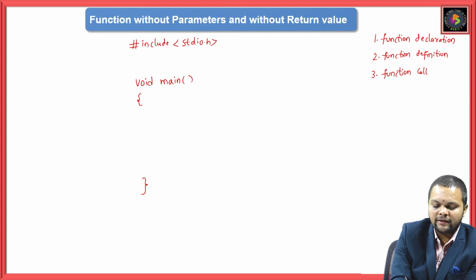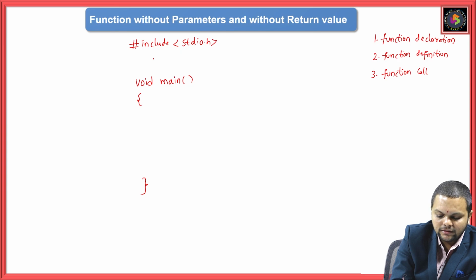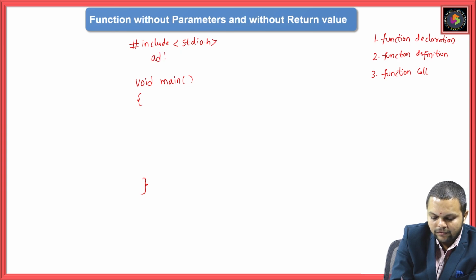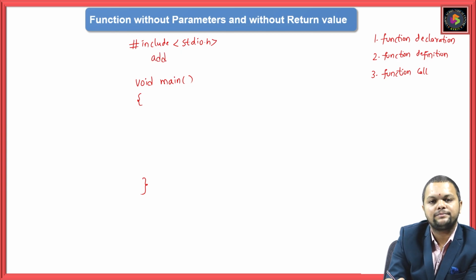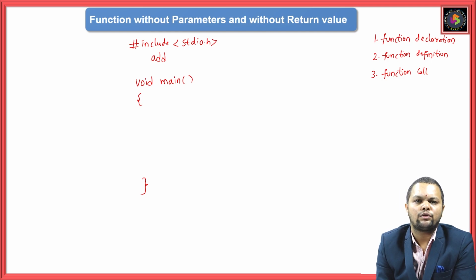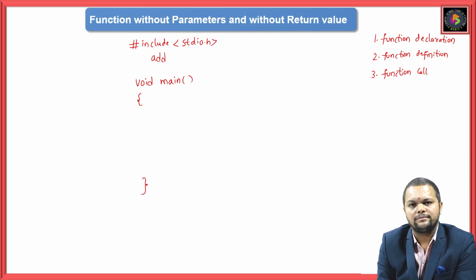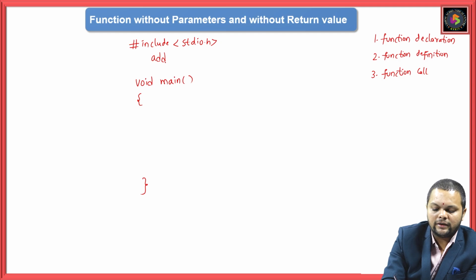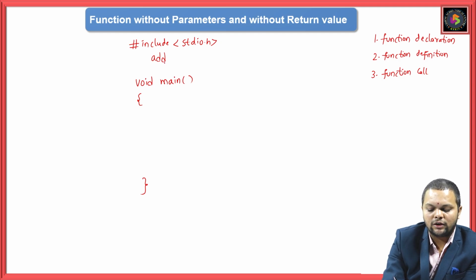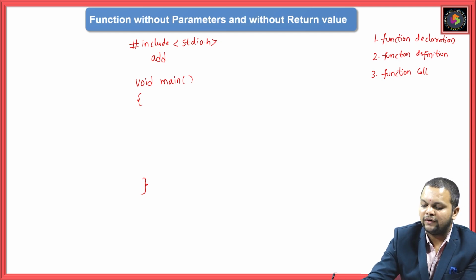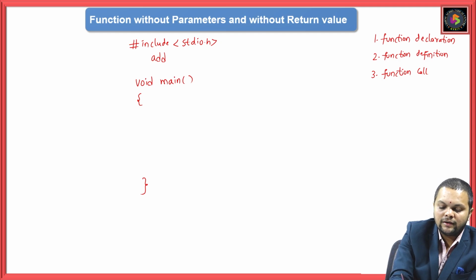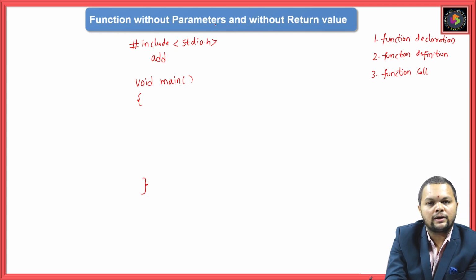So I'll take a function name, any function name, I'll say add. You can give your own function names, that doesn't matter, but give names to the functions and use them accordingly. For function declaration, I am doing a function without parameter, without return value.